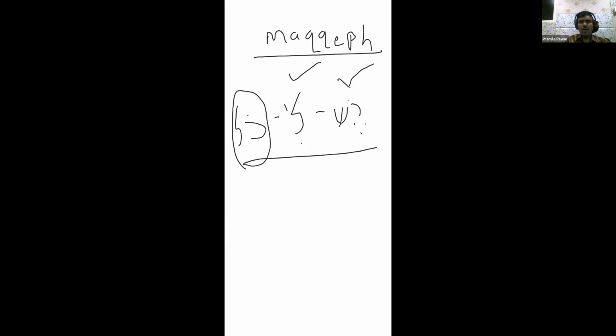Two or three nouns, you can say, can be connected to each other by this maqqef. And whenever it is connected by the maqqef, then the previous nouns will lose their accent, and accent will always fall on the last syllable.